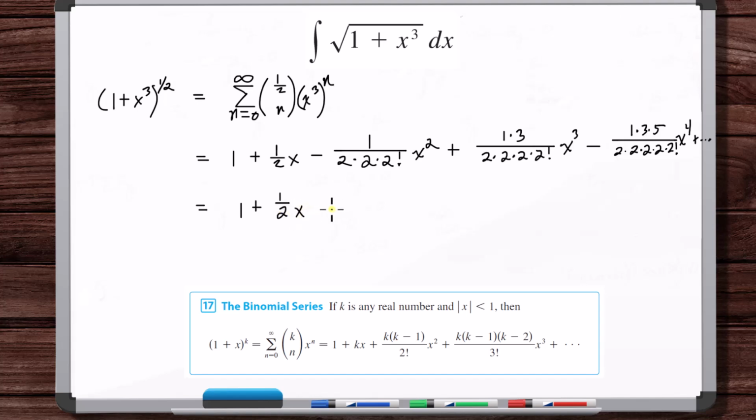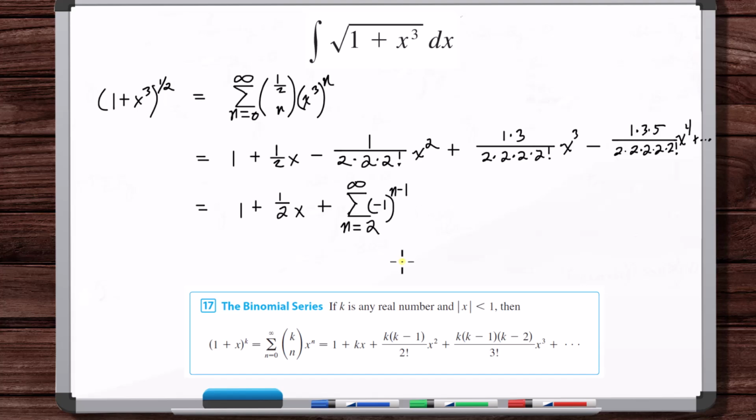Okay, so we can write this as 1 plus 1/2 x plus the sum from n equals 2 to infinity, and then we need to get the alternating term, minus 1. This first term is going to be negative, so we'll do n minus 1. Then it's going to be 2 to the n times 2 factorial, which is just 2.